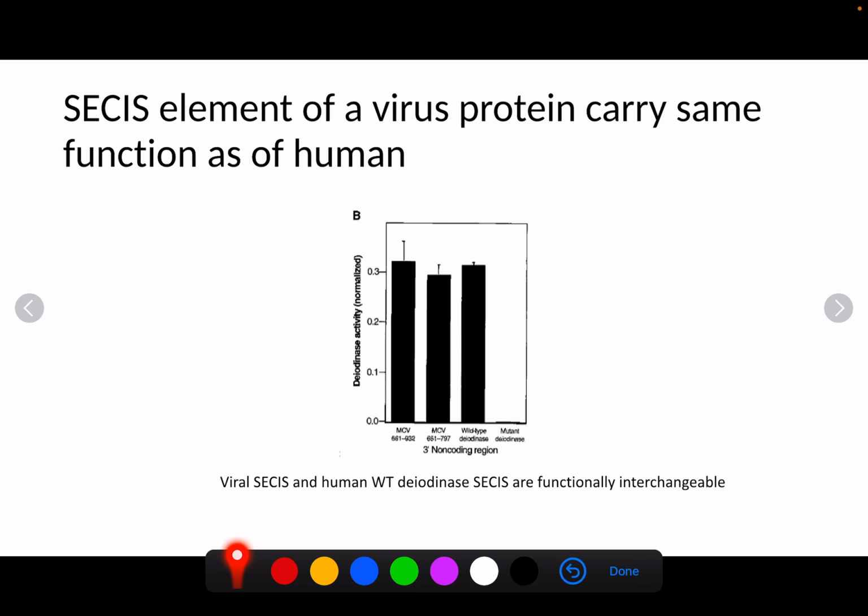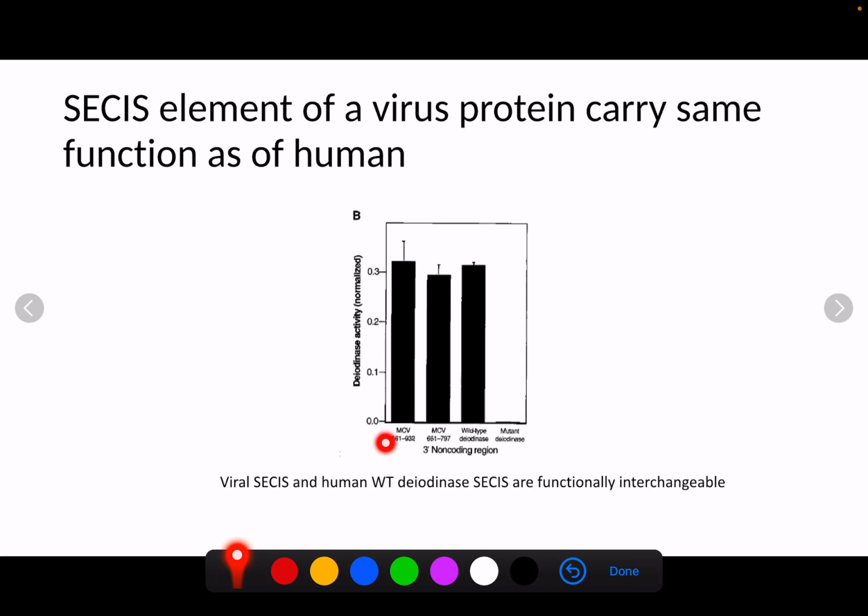All right, diving into the first paper, we have the MCV virus, and it seems that it carries a selenocysteine element which is very similar to the wild type human element. What they did here was take this element from the virus and transfect it into human cells.